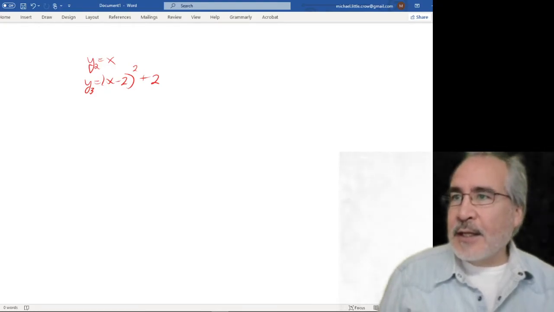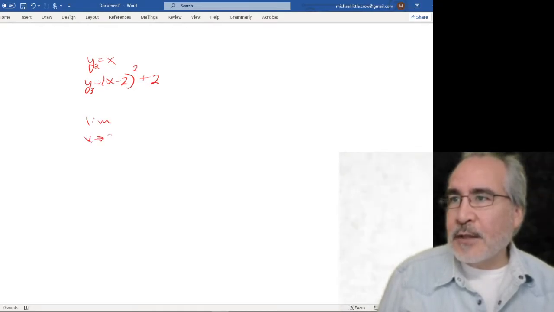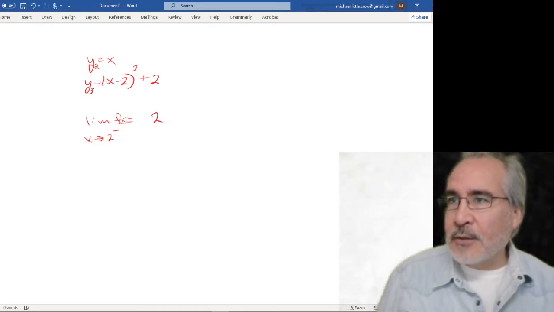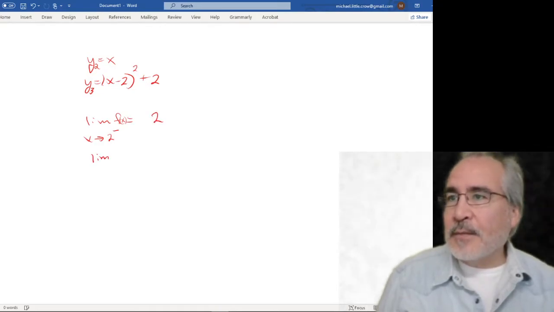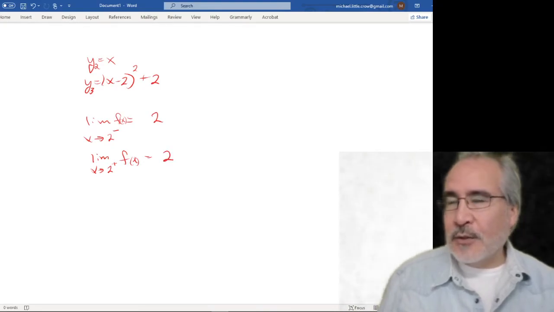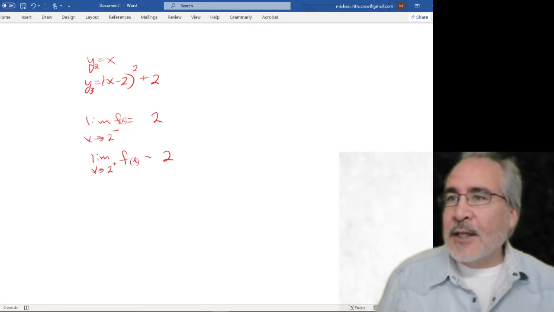So then with these in mind, we had a limit as x goes to positive 2 from the left. Using our notation, that was equal to positive 2. We found that the limit as x goes to 2 from the right was also equal to 2. Again, looking at that visual, because we moved this thing up, we did have a two-sided limit.